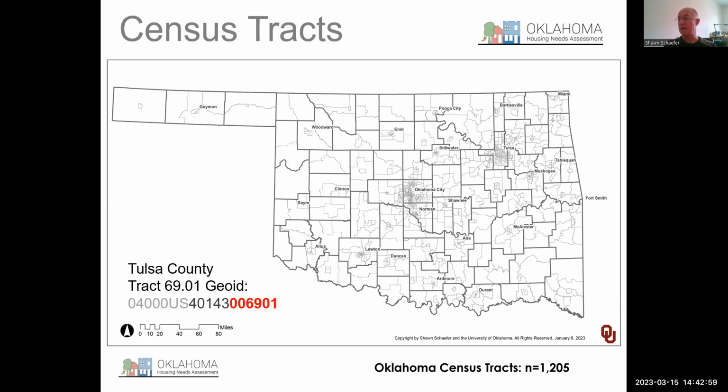You might ask, why does a census tract have a decimal like that? Well, census tracts change with time. The Census Bureau has a target of 4,000 people living in a census tract. That's just a target. Of course, they're not going to hit that all the time, but that's their ideal.